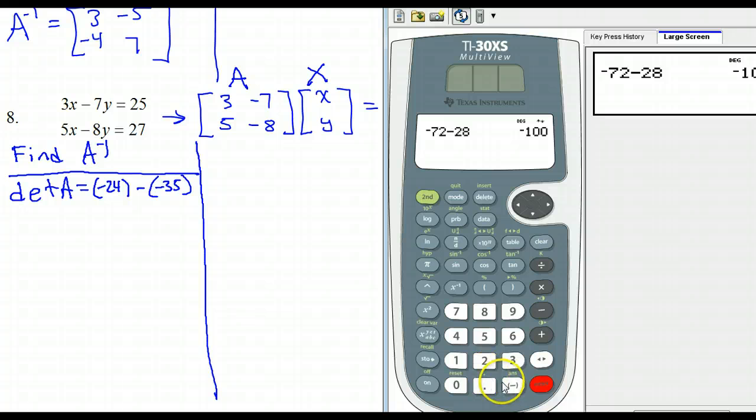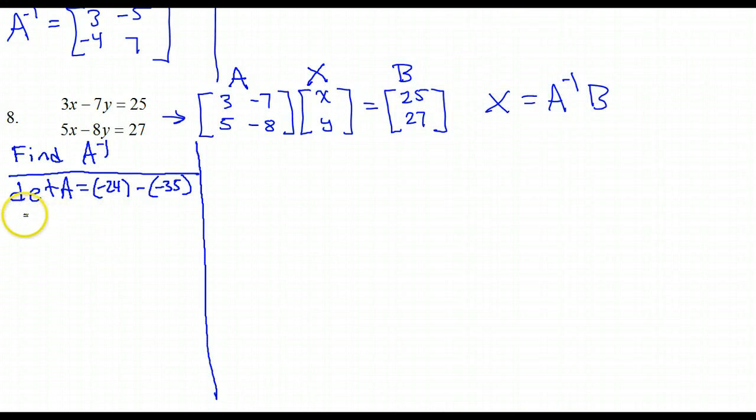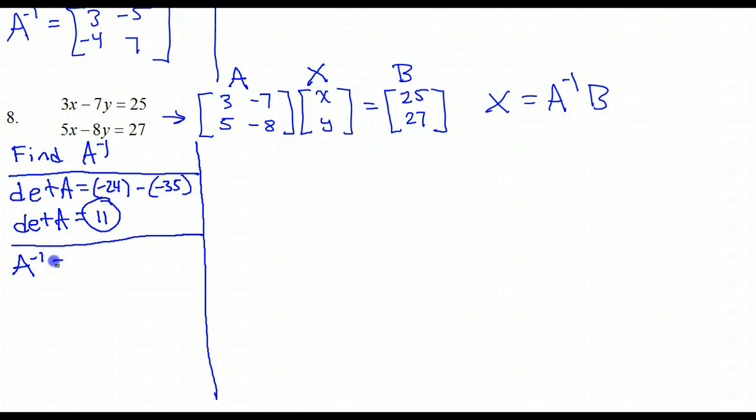Now negative 24 minus negative 35 is the same thing as negative 24 plus 35. So we're going to get 11. So the determinant of matrix A is 11. This is the thing we'll be dividing by later. Dividing by 11.